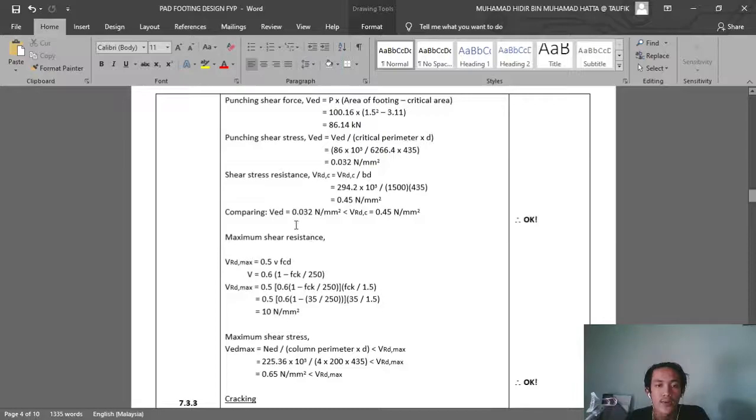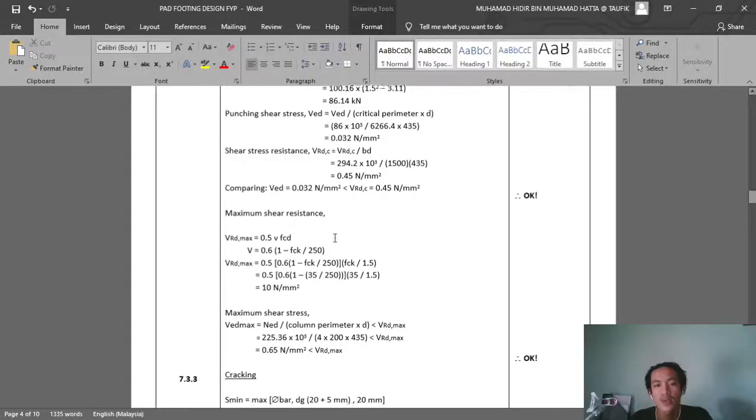Okay, and then we need to compare. We need to make sure that this value of VED is lesser than the VRDC we get. We get VRDC 0.45, larger than this value VED, and then it is okay.